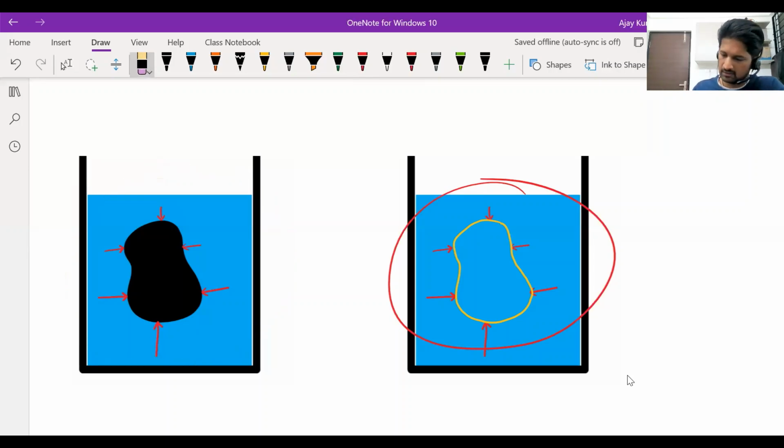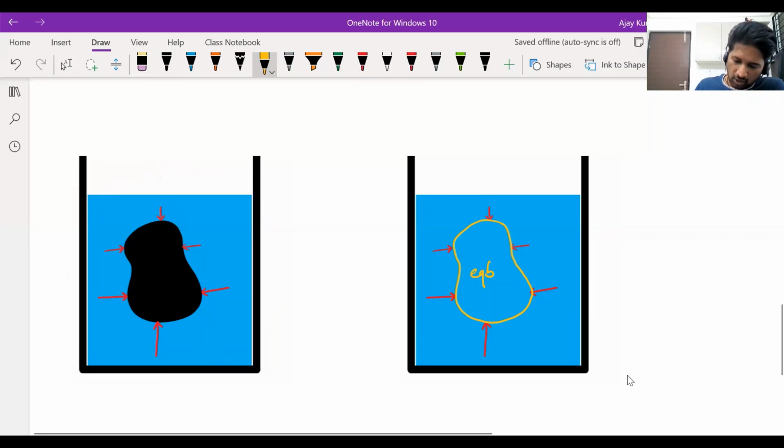Now in the right side case, where the space is filled by the liquid itself, the liquid will be in equilibrium. It's a non-accelerated liquid, non-accelerated container. Inside that, the liquid is static. So this part of the liquid is in equilibrium. The object may or may not be in equilibrium. If you put a stone in water, you know the stone sinks. If you put a balloon in water, you know the balloon rises up.